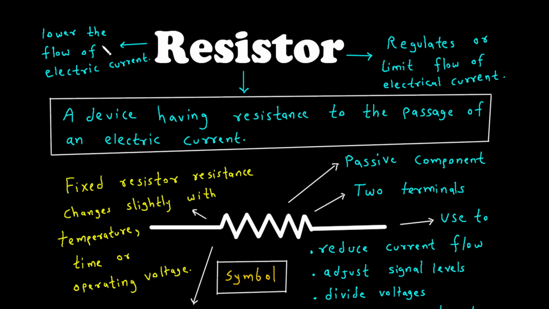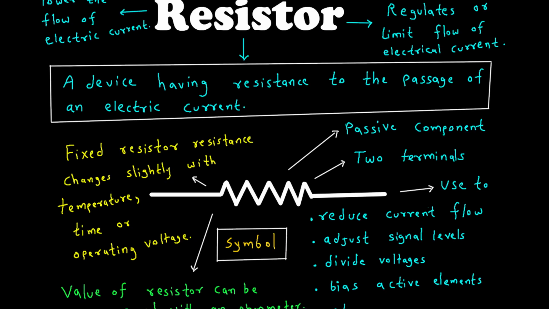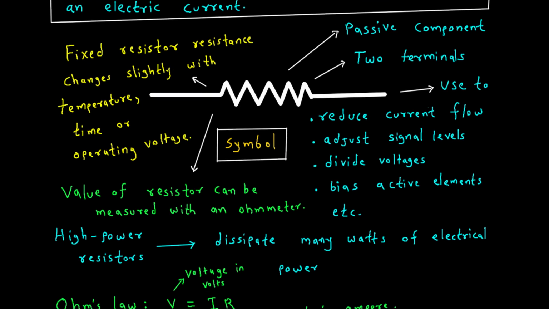A resistor lowers the flow of electric current and its function is to regulate or limit the flow of electrical current. These are the functions of a resistor. It is a device having resistance to the passage of an electric current. Here we can see this is the symbol for resistor.